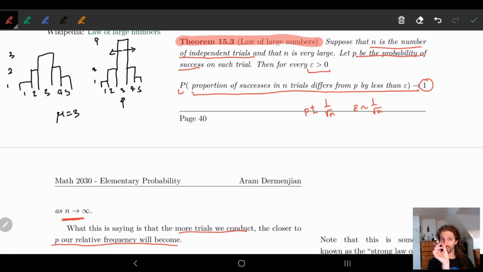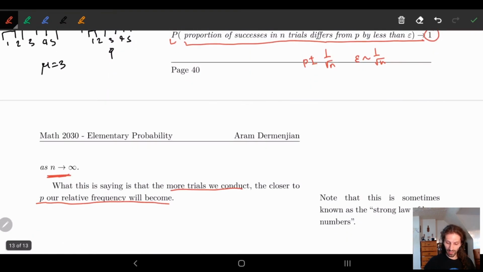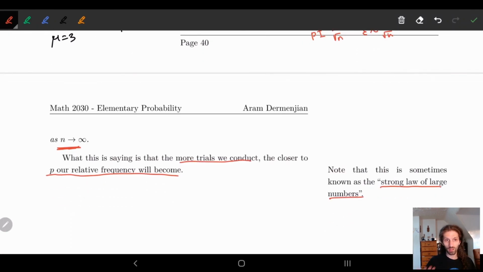This width is going to get smaller and smaller until we find exactly what that probability is. Now, this entire idea is called the law of large numbers. It's a really cool concept. This particular version, the way we're seeing it, is technically called the strong law of large numbers. There's a weak law of large numbers as well, which is slightly weaker than this. But it's a really cool idea.